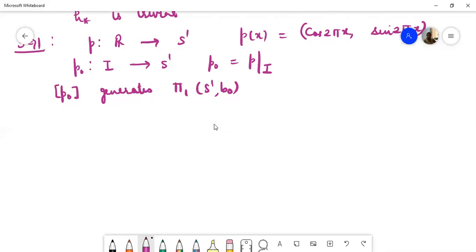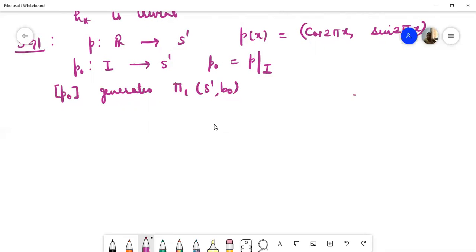And this is a loop which lifts to R, beginning at 0 and ending at 1. So the lifting of this loop P naught in R is a path beginning at 0 and ending at 1.